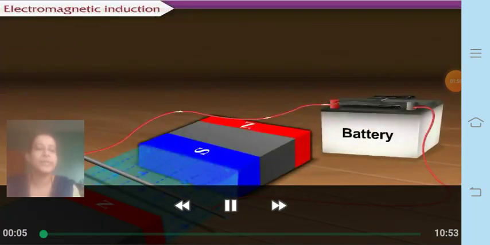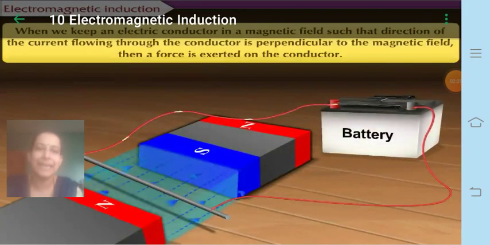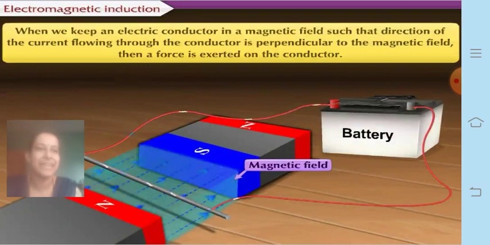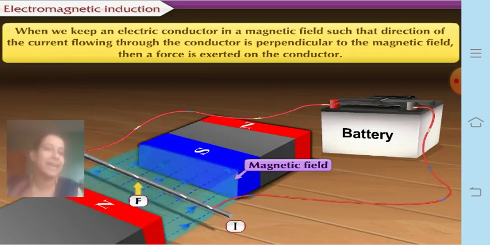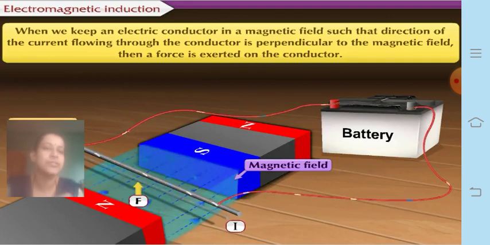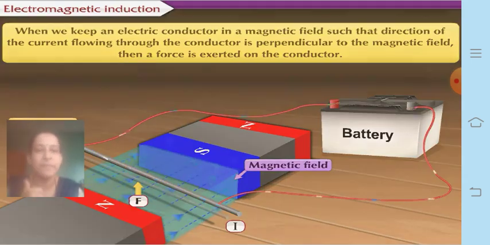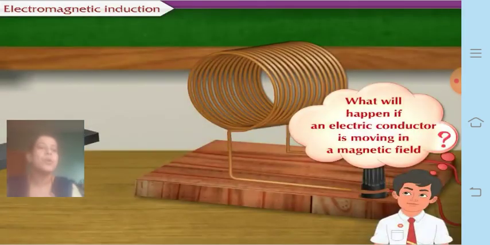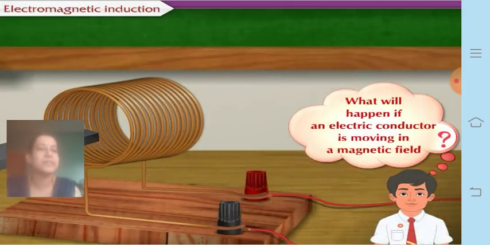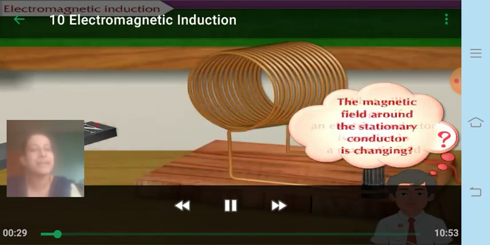Now we know that when a current carrying conductor is kept in the magnetic field, it experiences a force, and due to this force the conductor moves. It is maximum when the conductor is kept perpendicular to the direction of the magnetic field. Now what will happen if an electric current conductor is moving in the magnetic field?